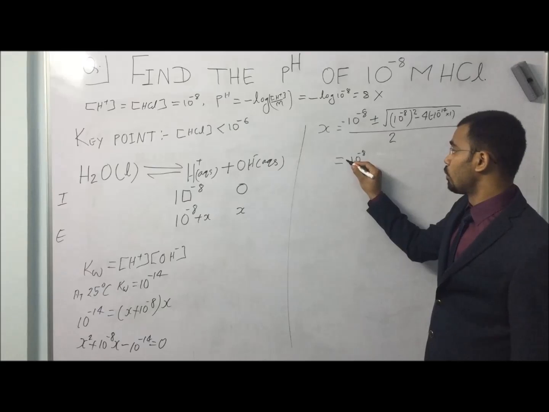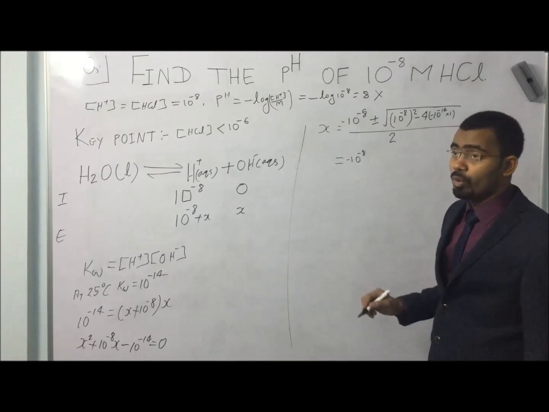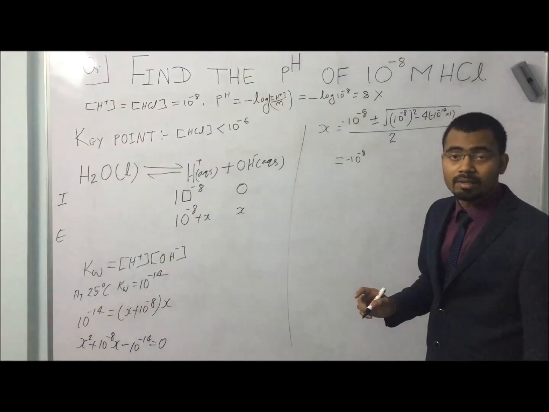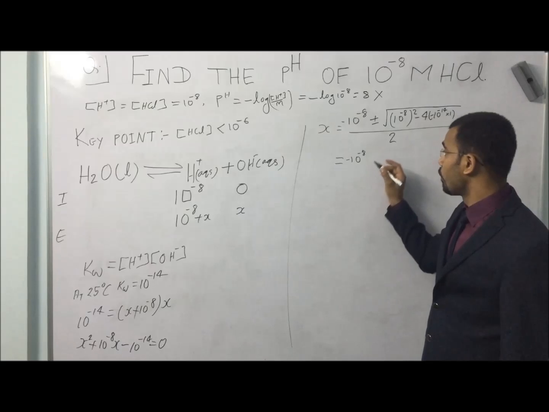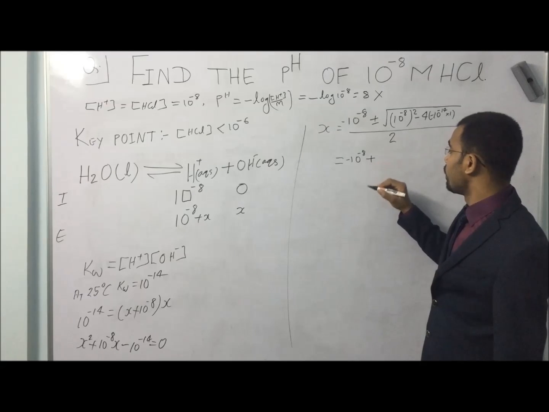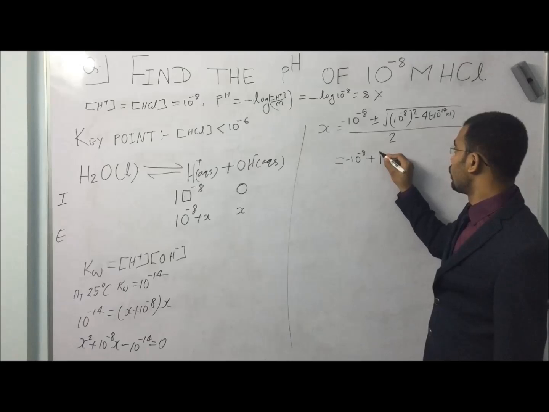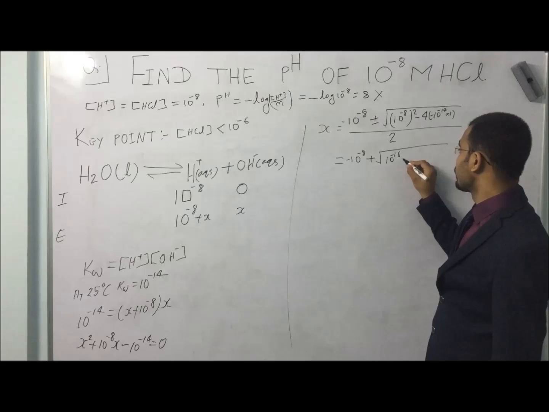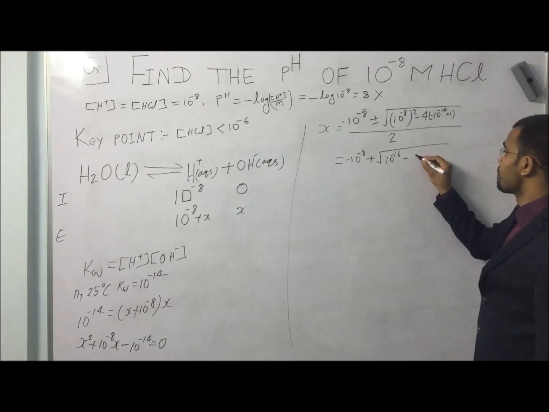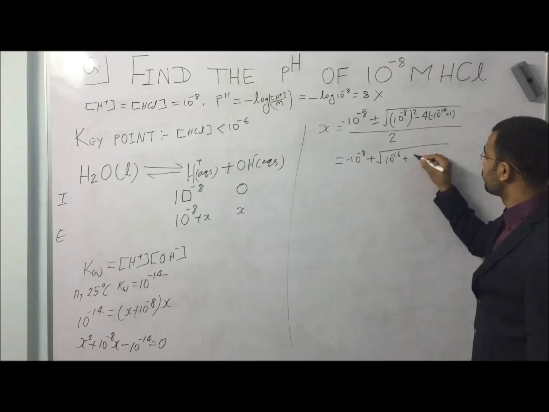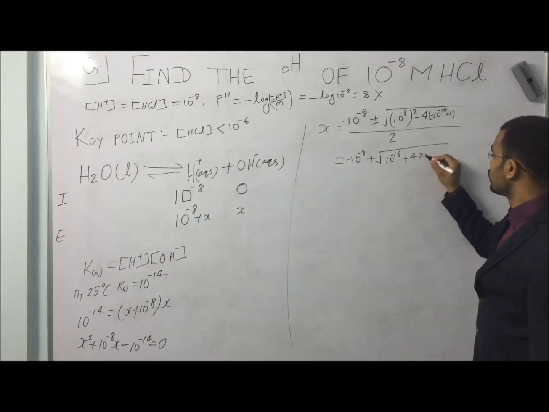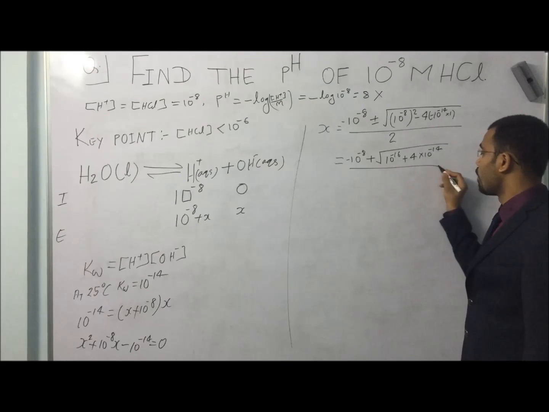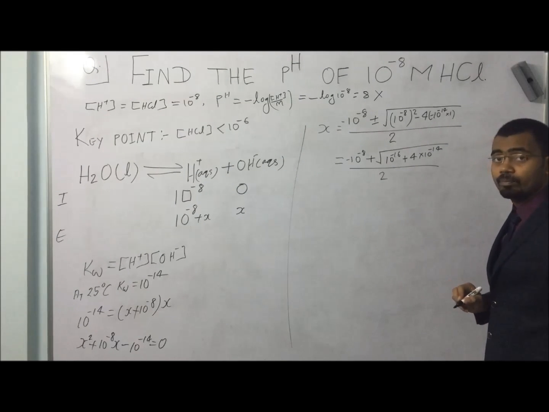Since the root of x can be positive or negative, but the concentration of H plus can't be negative, therefore we have to take only the positive value, which is equal to the root of 10 raised to minus 16 plus 4 into 10 raised to minus 14, divided by 2.